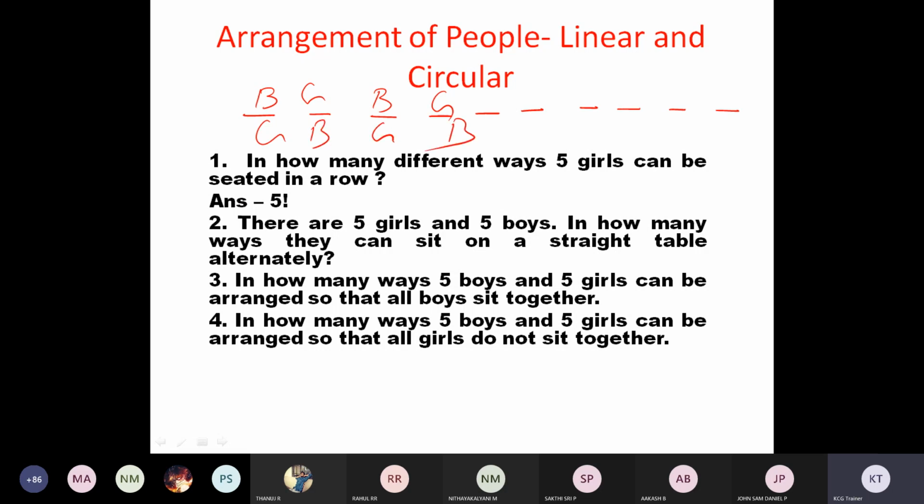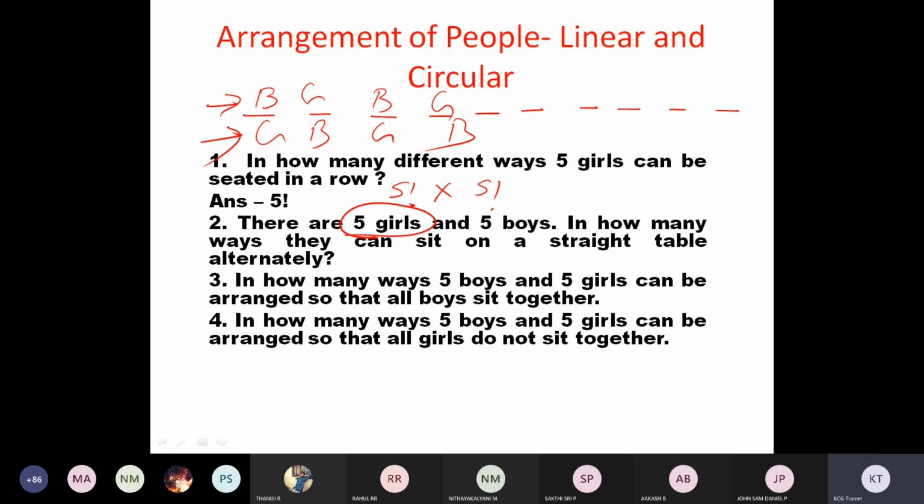But what you can see here is that 5 girls are occupying 5 positions. What will be the answer for 5 girls occupying 5 positions? 5 factorial. For 5 boys, 5 factorial. But remember guys, this arrangement can be done in how many ways?